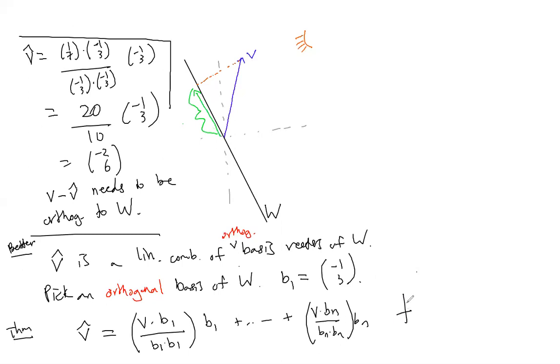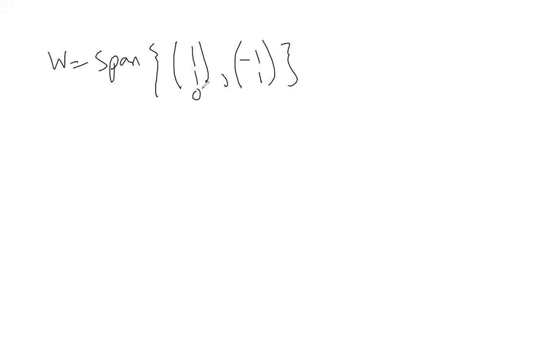So let's do a harder example where W is two-dimensional. Let's do another example. W is going to be a two-dimensional space, the span of, let's say, (1, 1, 0) and (-1, 1, 0)... So these are in R3.